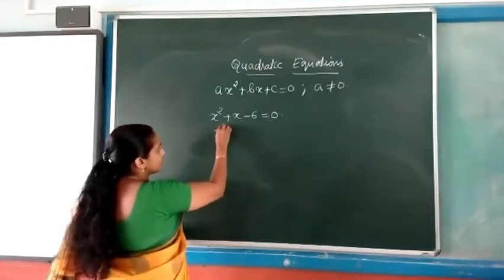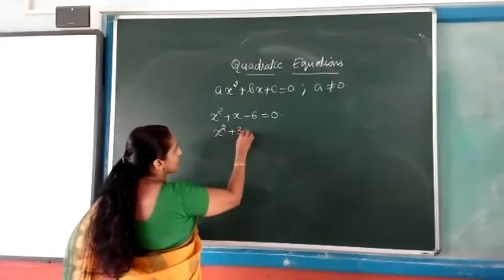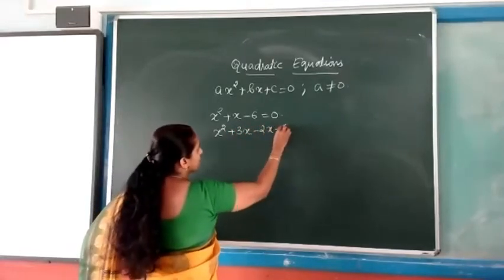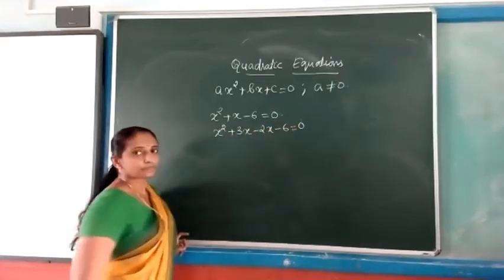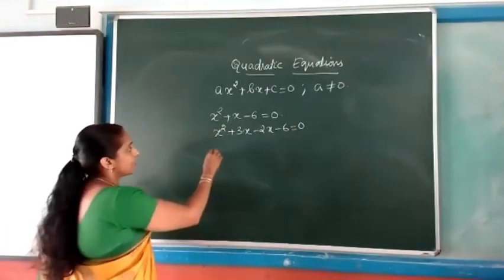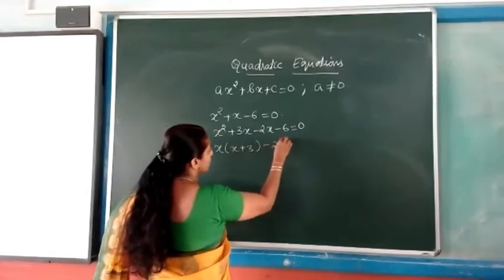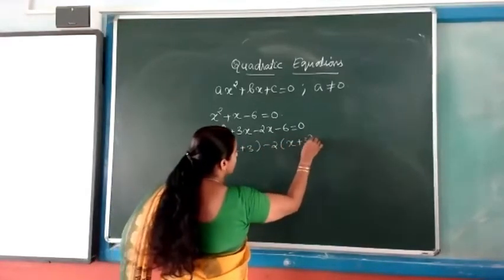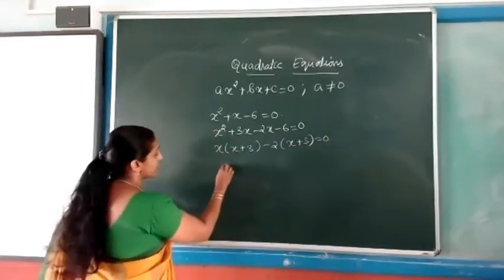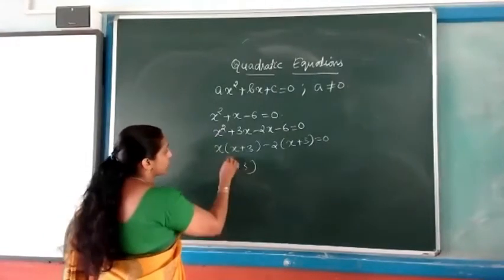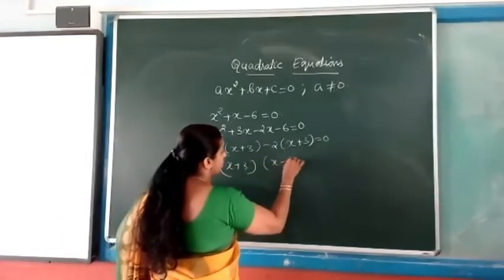So you will split it: x square plus 3x minus 2x minus 6 equal to 0. Then x into x plus 3 minus 2 into x plus 3 equal to 0. So you get x plus 3 into x minus 2 equal to 0.